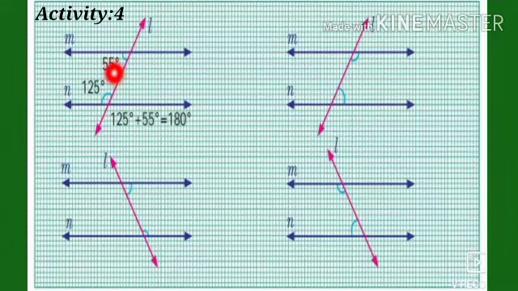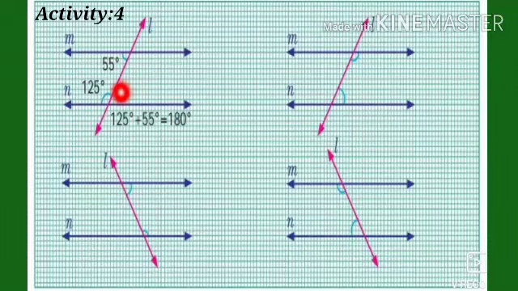So this angle is 55 degree and here it is 125 degree. The sum of these two angles is equal to 180 degree, and here this angle measures 125 degree and this angle measures 55 degree, and the sum of these two angles, 55 degree plus 125 degree, gives 180 degree.